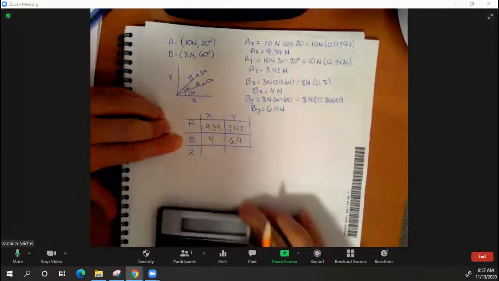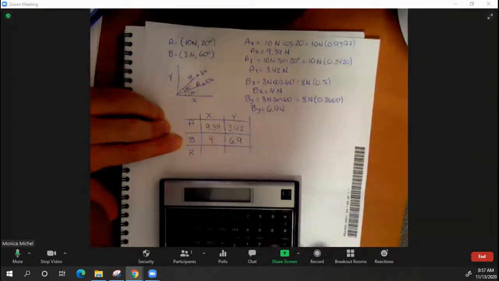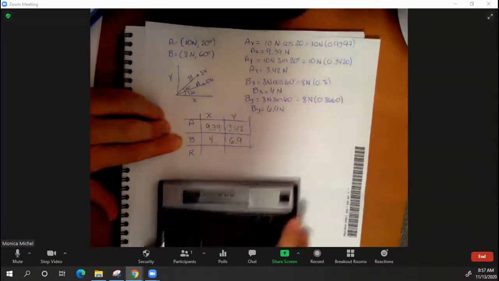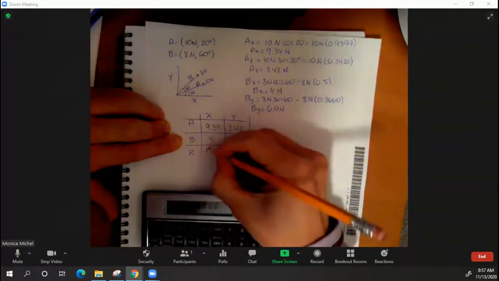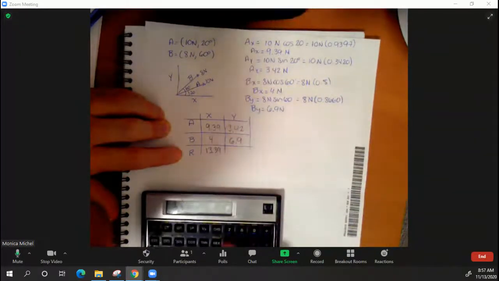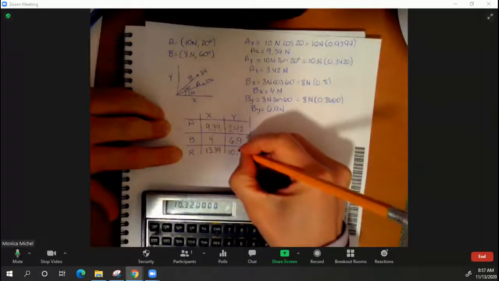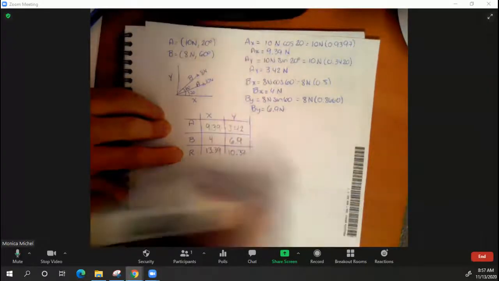What I'm going to do next is just add these values. So it's going to be 9.39 plus 4. That will be 13.39. And 3.42 plus 6.9 is a value 10.32.